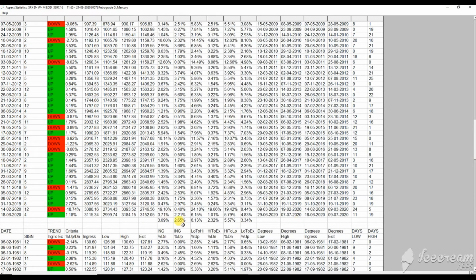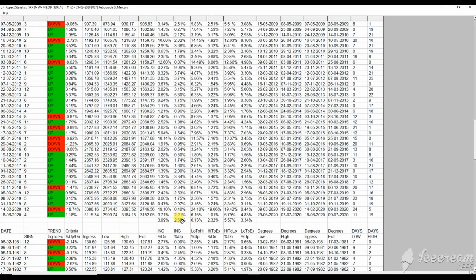And the next column here is from that ingress point how much it was up. Then if it has made a low before, then from low to high how much it rallies. So it's quite significant.